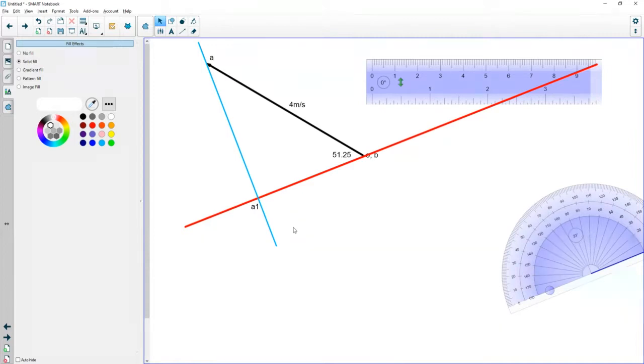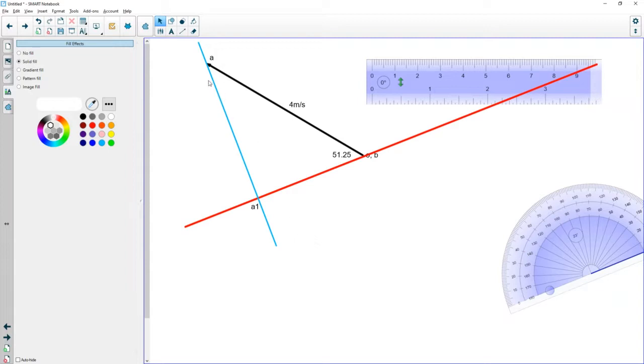Now A1 is a point in space where the velocity of A with respect to B can be determined.